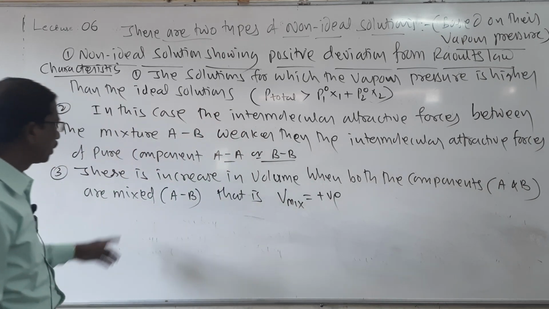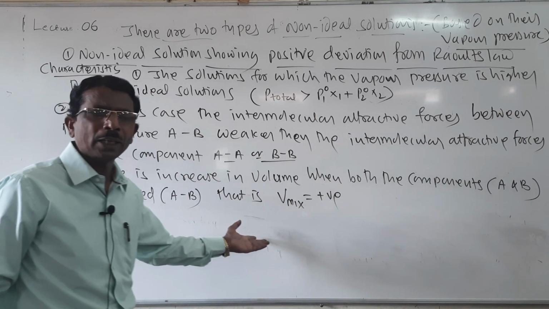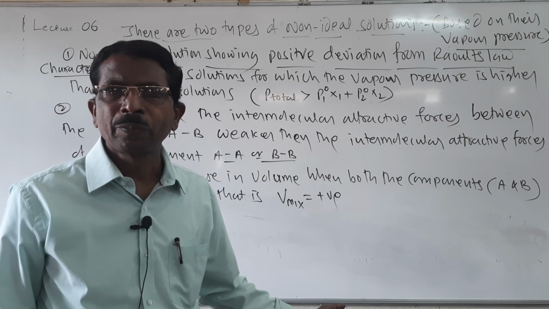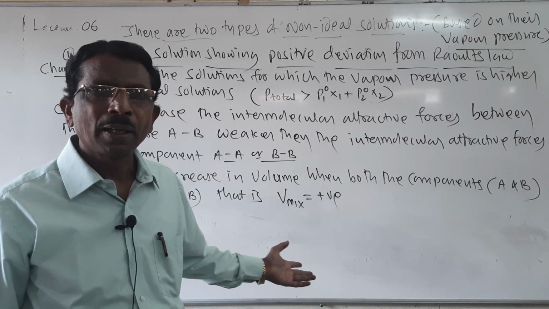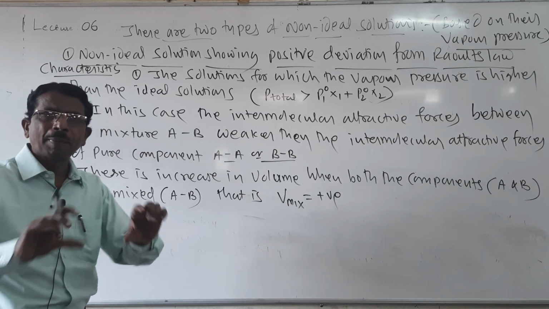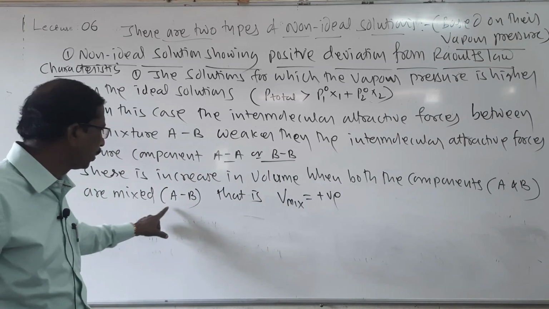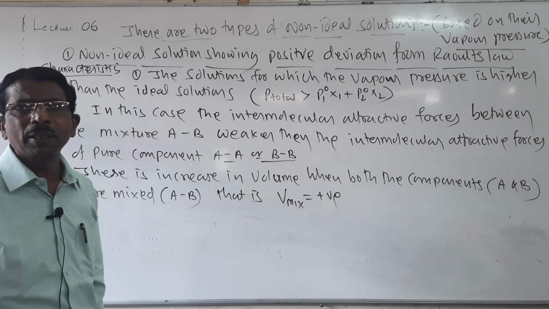The volume increases. As I already explained why the volume increases: due to a weaker intermolecular attraction between A and B, the molecules stay away from each other and they maintain the distance between these two, and therefore the volume increases.